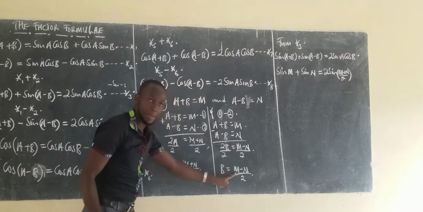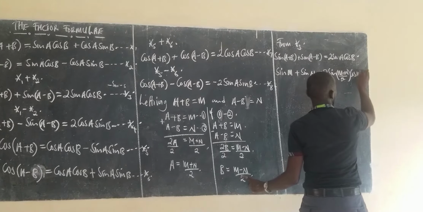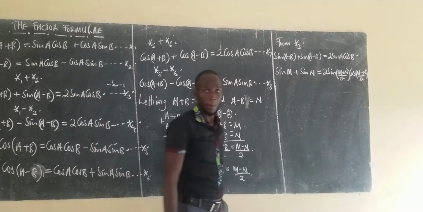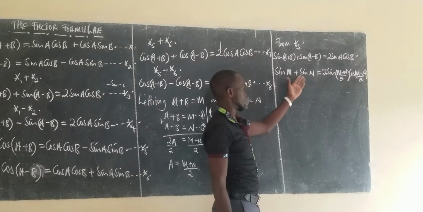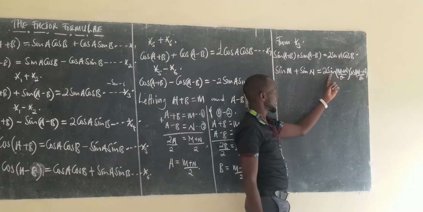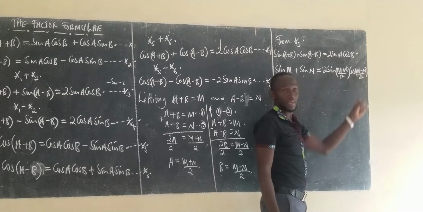Then our B is m minus n out of 2. So it is cos of m minus n out of 2. In brief, the addition of two sines normally gives us twice sine of m plus n out of 2, cos of m minus n out of 2.